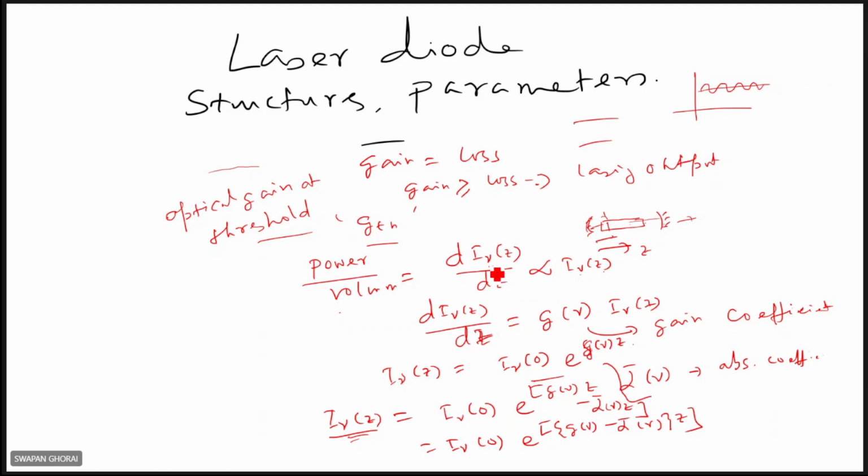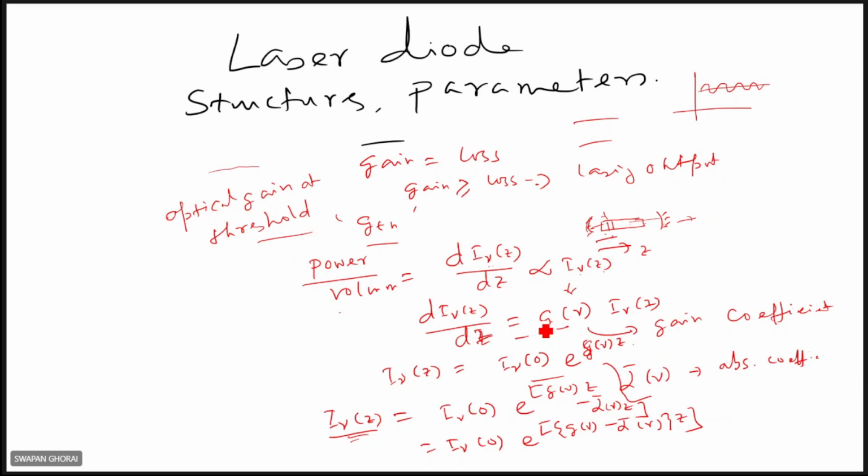This is power, this is volume, this is intensity. What is volume? If we consider a thin segment of unit cross section, then dz will be the volume. So dI_nu/dz indicates power per volume. This can be equated, by a constant of proportionality, to g_nu times I_nu(z).